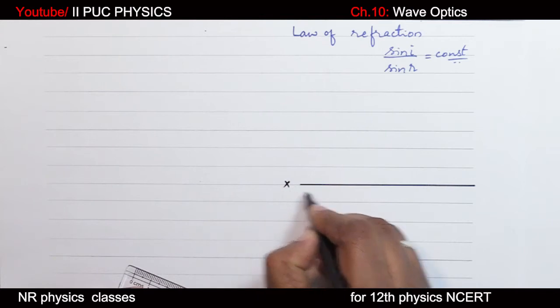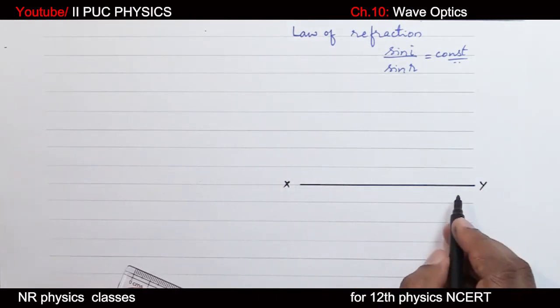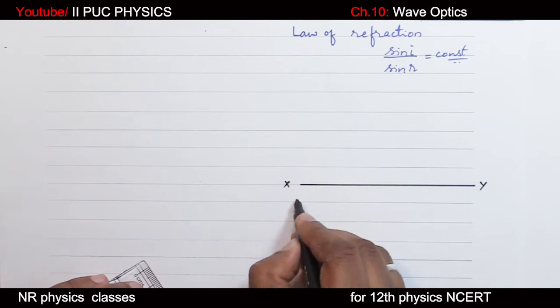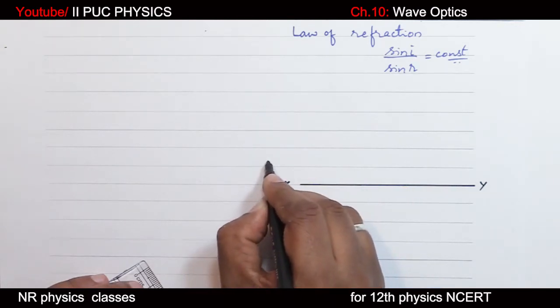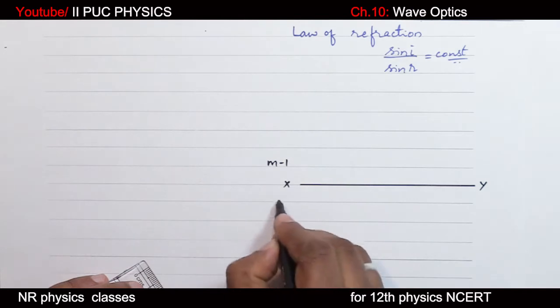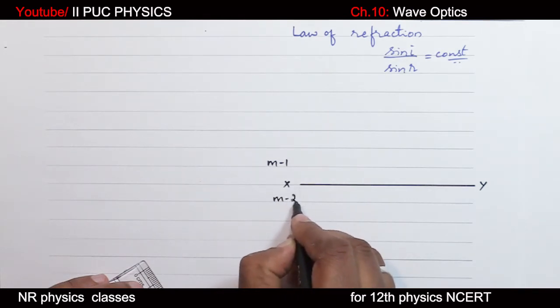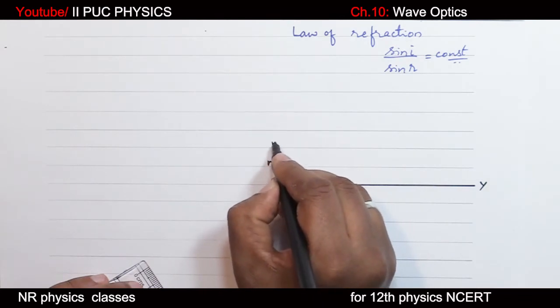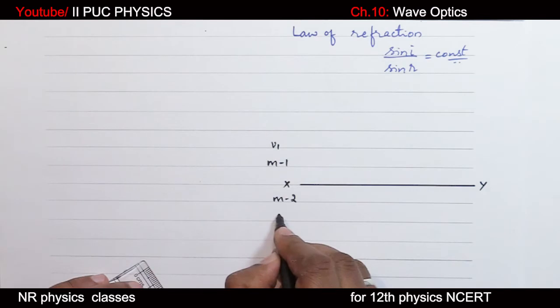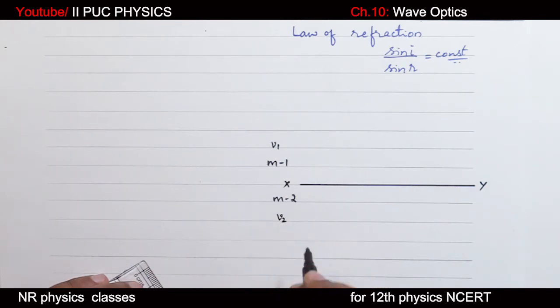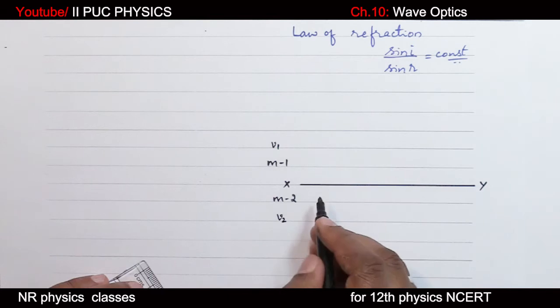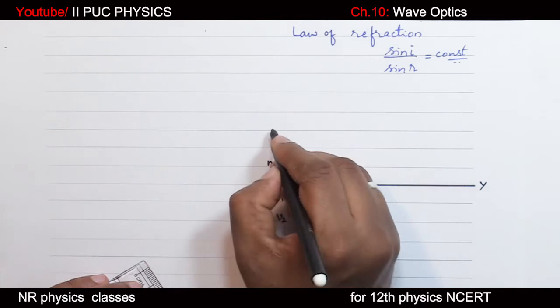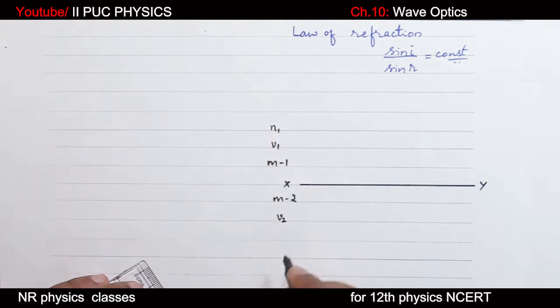So XY is an interface separating medium 1 and medium 2. Speed of waves in medium 1 is V1, and speed of waves in medium 2 is V2. Waves means light waves. Refractive index of medium 1 is n1, and of medium 2 is n2.